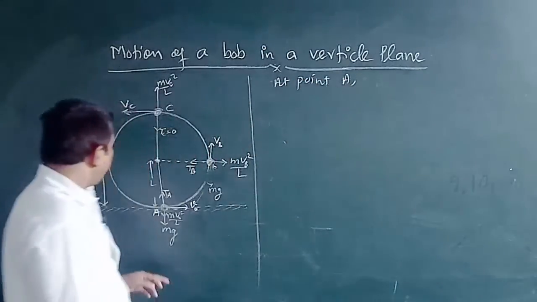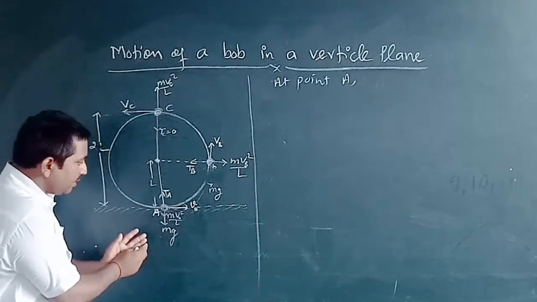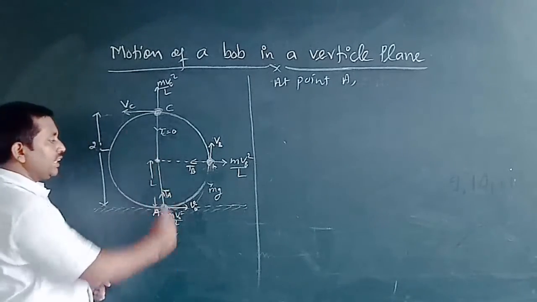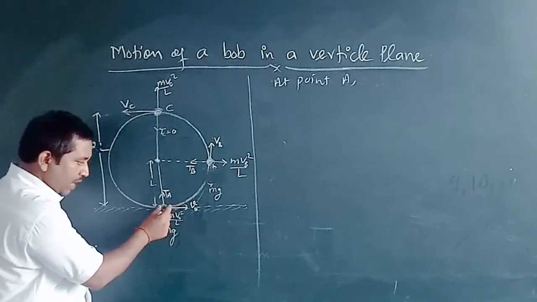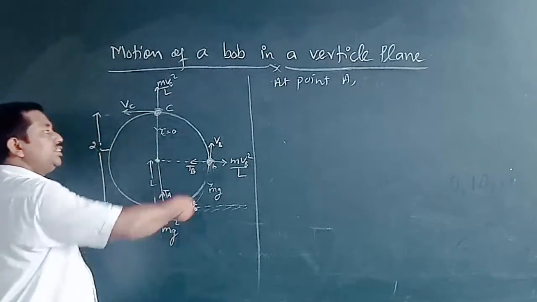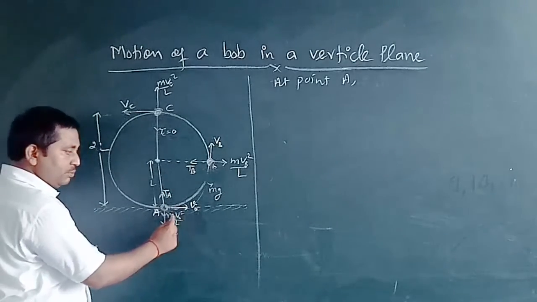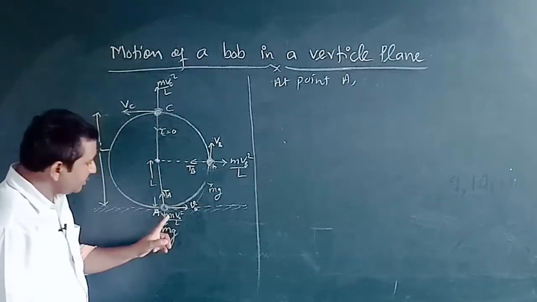At point A the total force acting on the bob is TA, the tension in the string acting vertically upward, and mg, the weight of the bob acting downward, and due to circular motion another force, the centrifugal force mv naught square by L, acting normally outward.